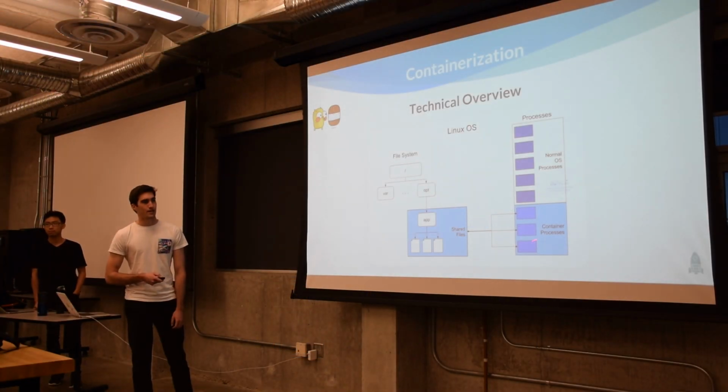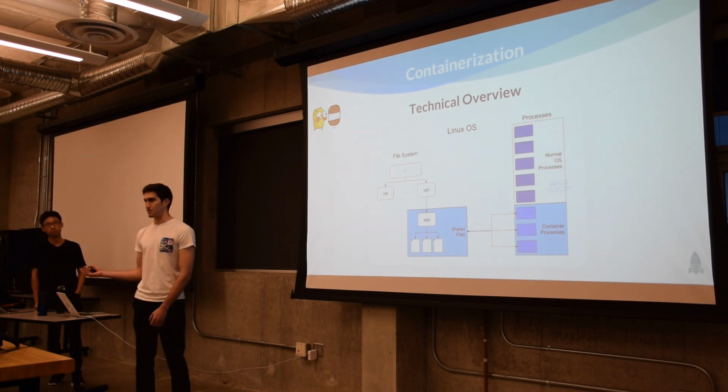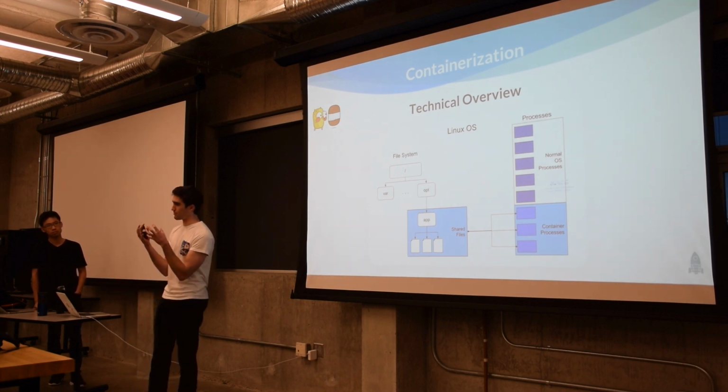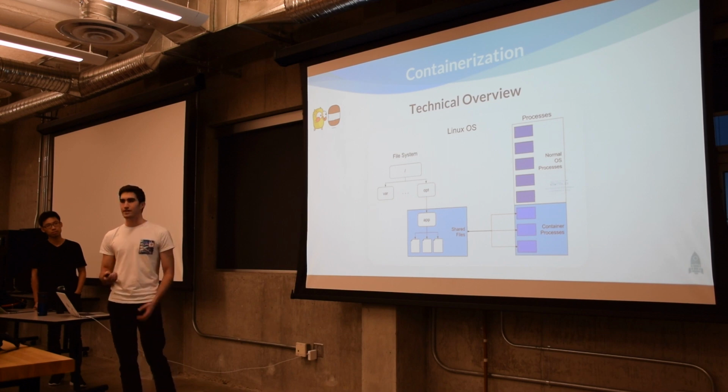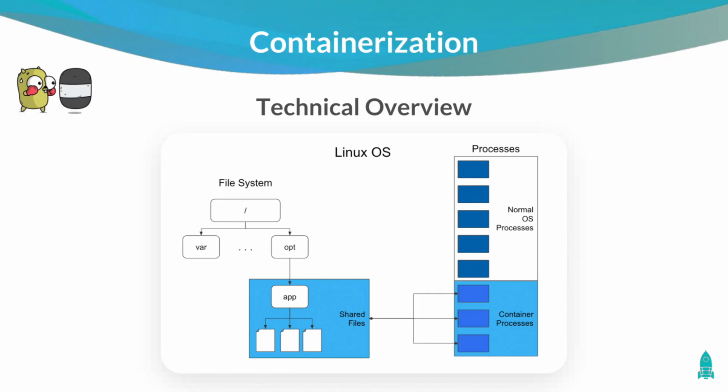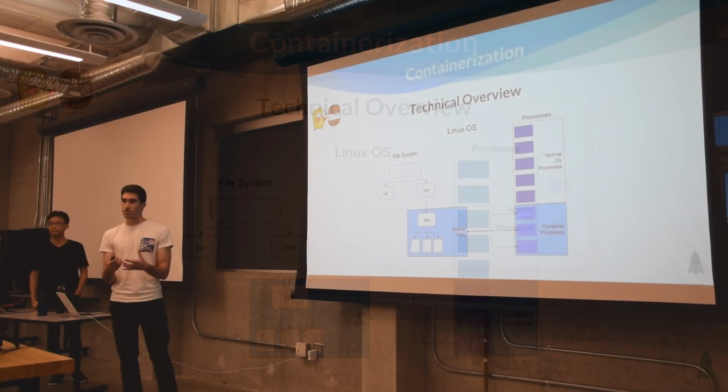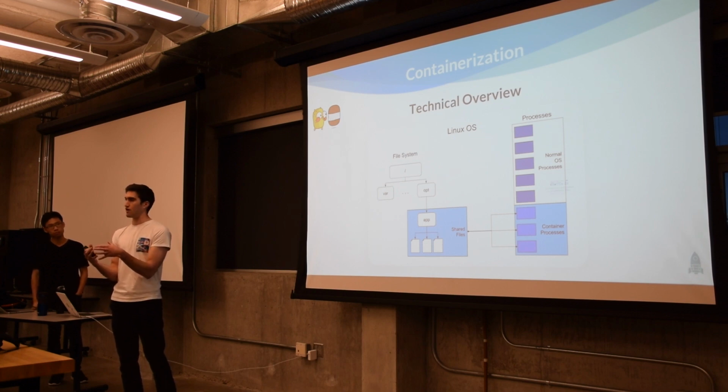It's easy to think of a container as, as Robert described, a box with everything you need in it. But in reality, it's pretty light. It's basically just a set of processes that have a restricted view of your file system and your network and other processes going on in the operating system.